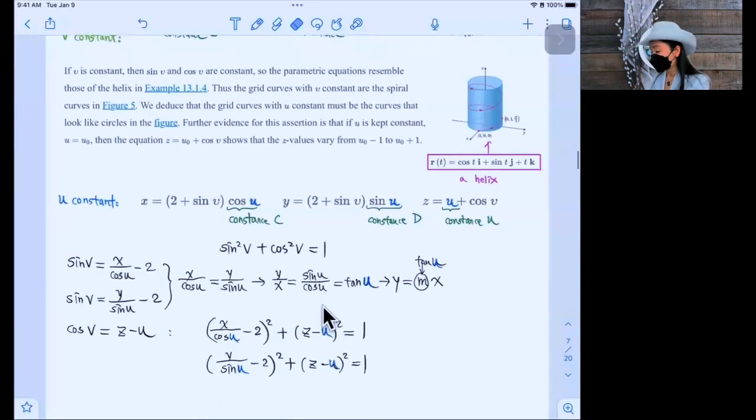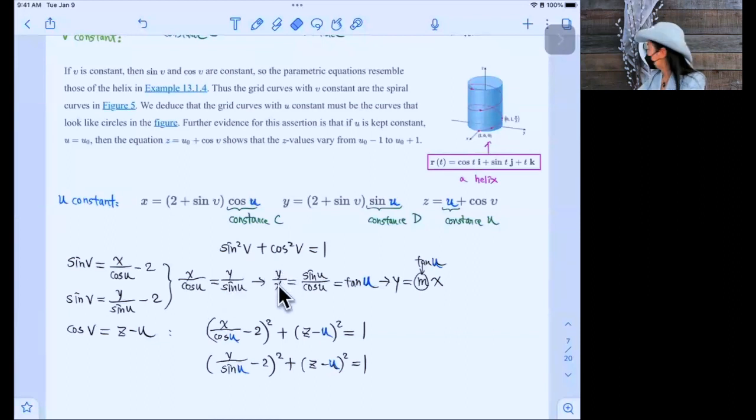So I tried to isolate sine of v and cosine of v, and I put that into this. I had these two equations. And I also noticed that these two are equal. So x over cosine of u is equal to y over sine of u.